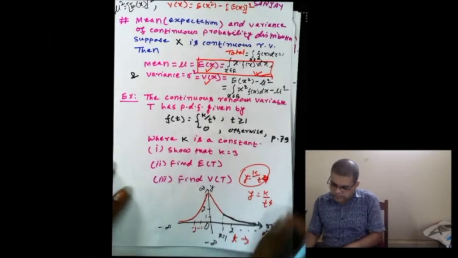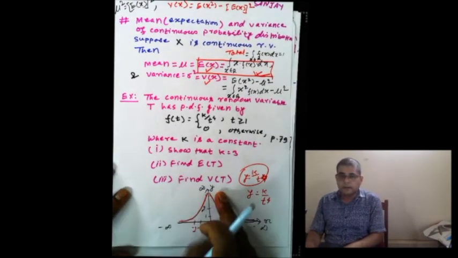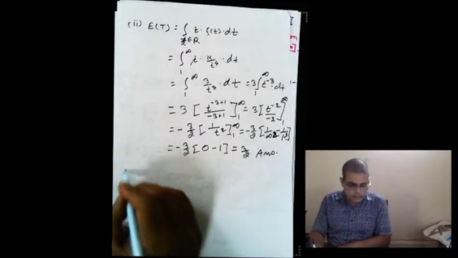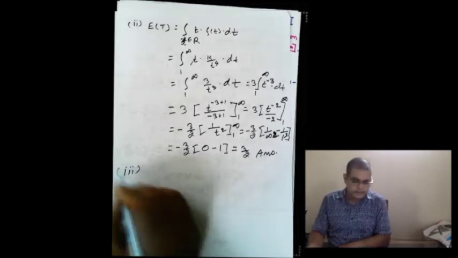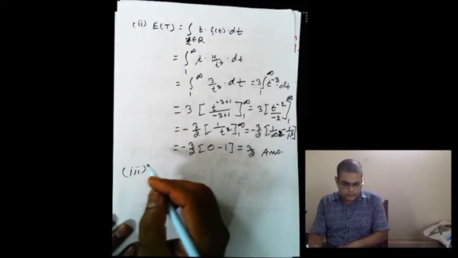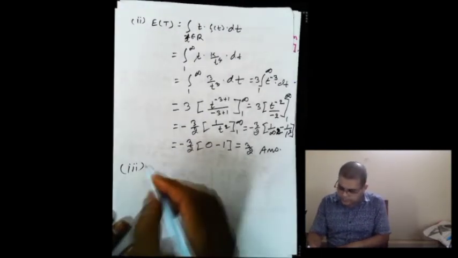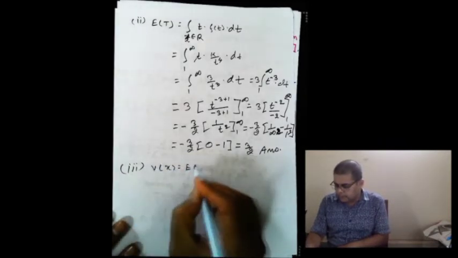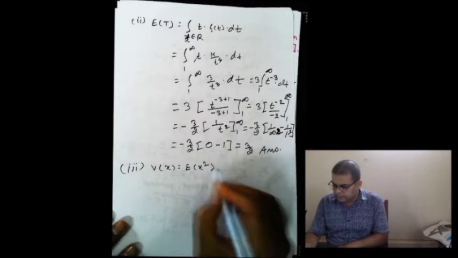After that, the question also asks to find the variance of that distribution. So variance V(t) is the third part of this example, and you know that variance of x equals the expectation of x square minus mu square.